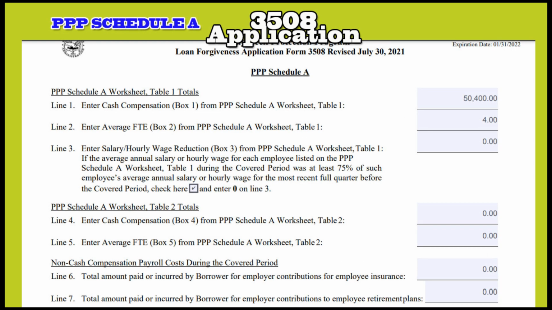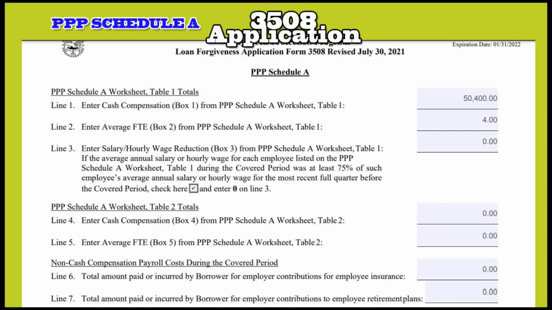And from all my employees, line 2 says enter the average FTE from box 2 that you tallied up. Mine was 4.0. I had 4 full-time employees, so my FTE in box 2 will be 4.0.